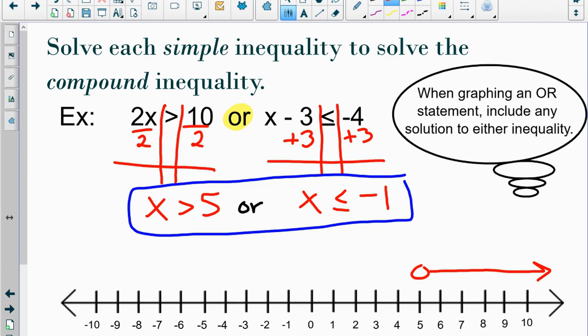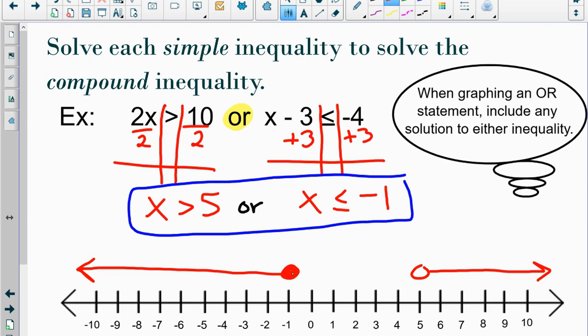Now, the other part of our solutions are all the x values that are less than or equal to negative 1. So I find negative 1 as my boundary. My inequality symbol is less than or equal to, so that means negative 1 is in fact a solution this time. So I want to fill that in completely and have it right on my boundary value of negative 1. Since it says x is less than or equal to negative 1, I draw my arrow to the left for all those numbers that are less than negative 1.